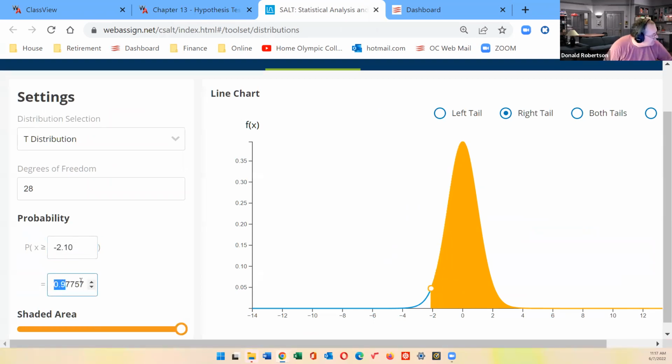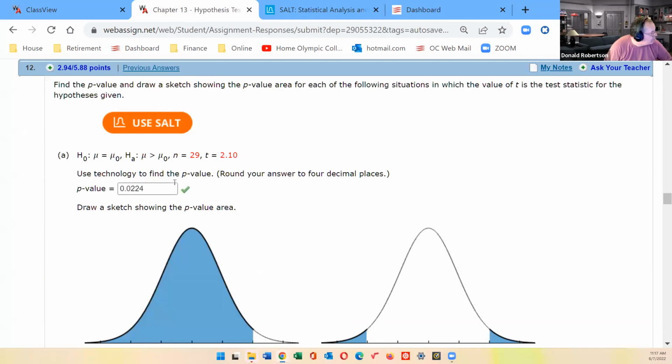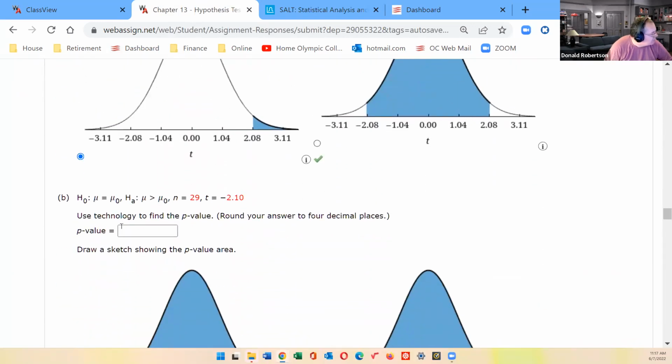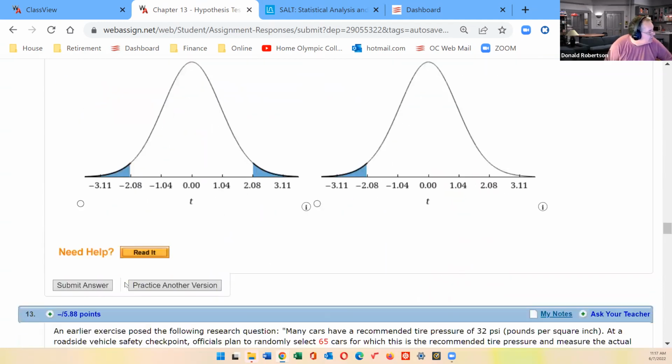And so that guy is our p-value. So let's check why that's the case. 29, t-value bigger than means right tail, right? And the answer we got for the p-value was ridiculously big. And let's check it.